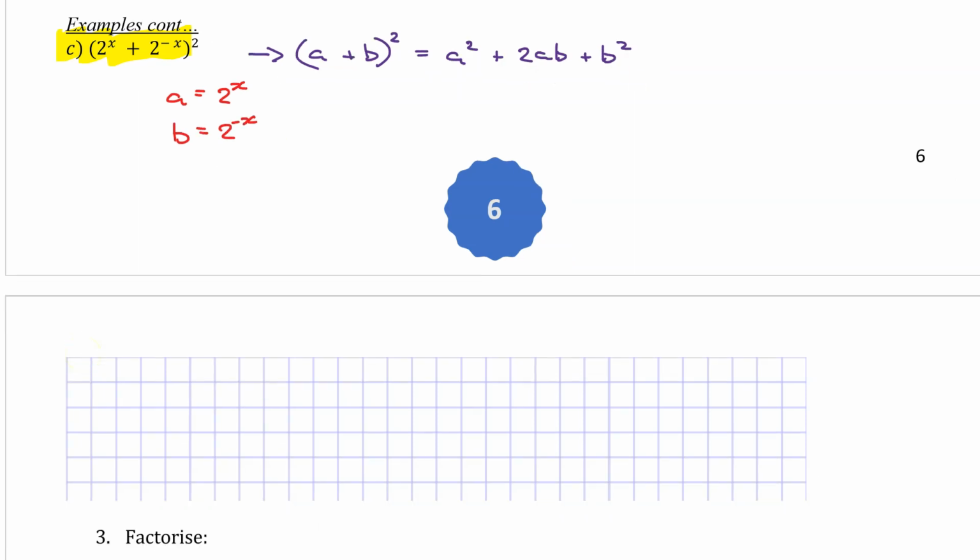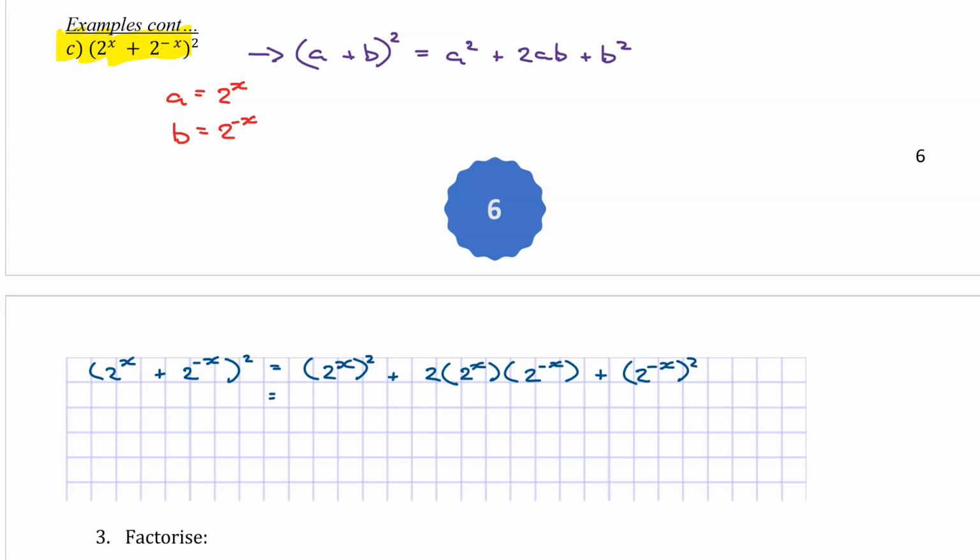Now jumping straight into it and using our shorthand expression we've got up top in purple, what we can say is that 2 to the power of x plus 2 to the negative x all squared can be written as 2 to the x squared plus 2 times 2 to the x, then 2 to the negative x, like so, and then that will be plus 2 to the negative x all squared.